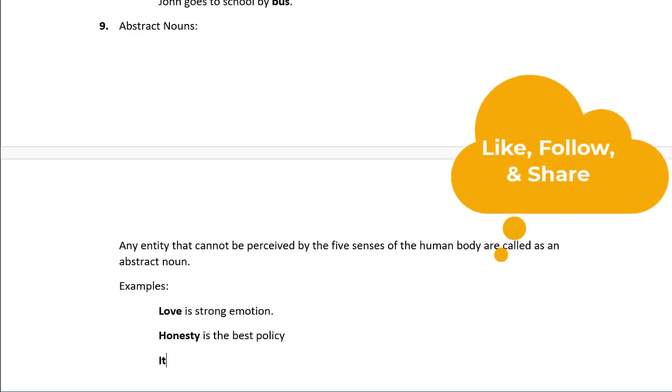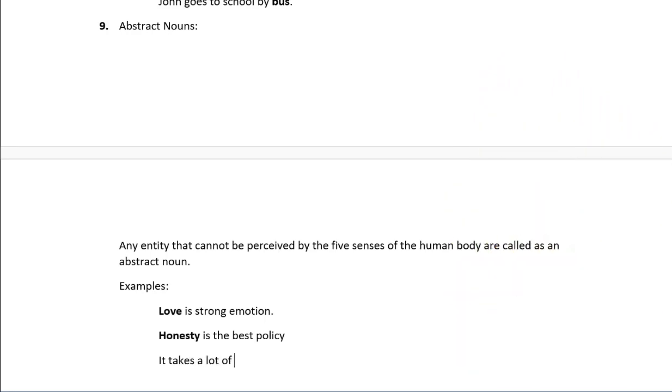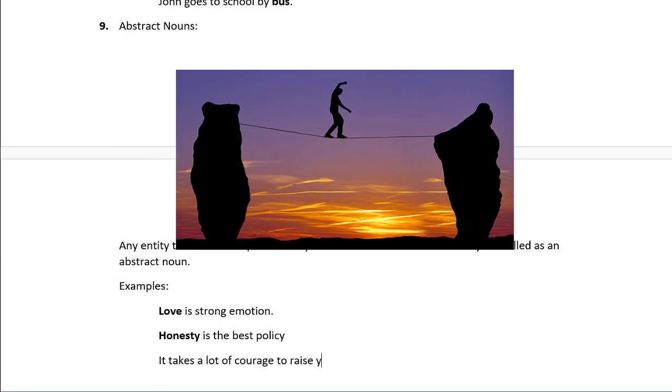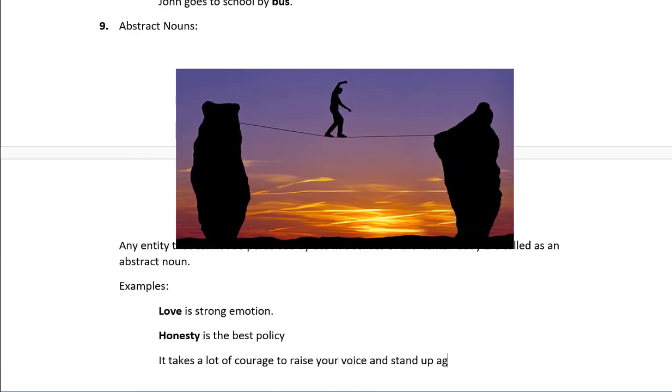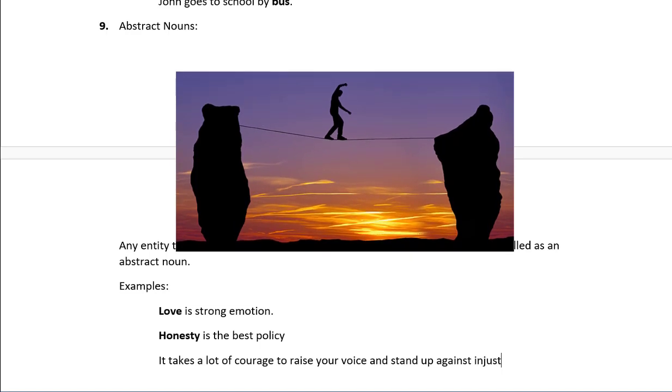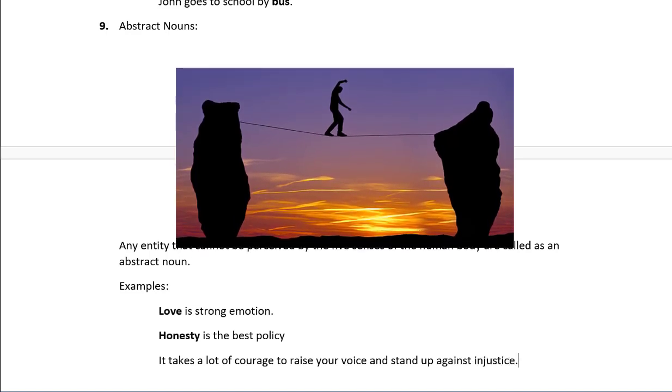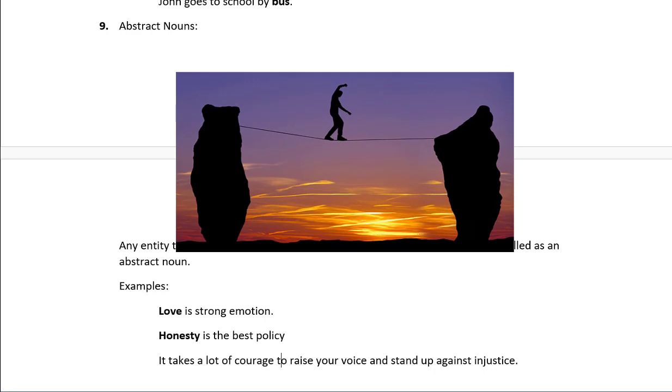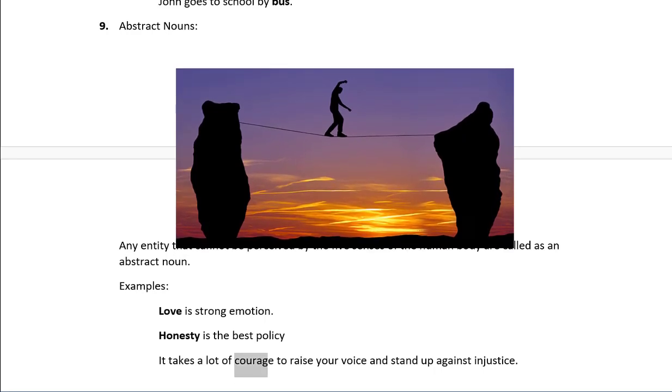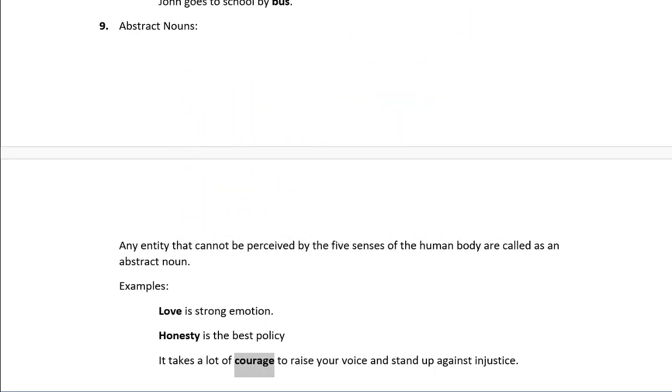It takes a lot of courage to raise your voice and stand up against injustice. What is courage? It is again an abstract noun. You are unable to touch your courage.